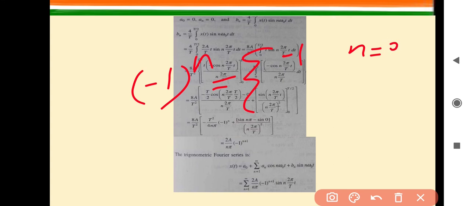Then it is written as minus 1 power n. This will also be equal to minus 1 when n is odd, and plus 1 when n is even. This is what we have to get.